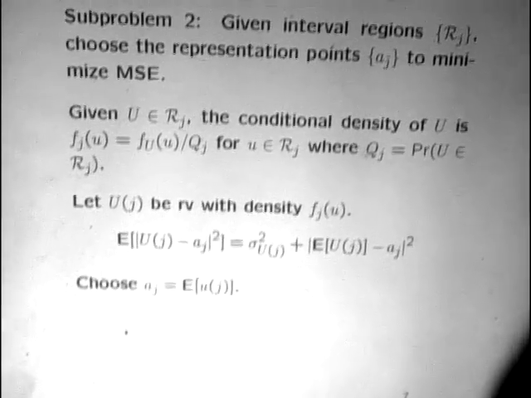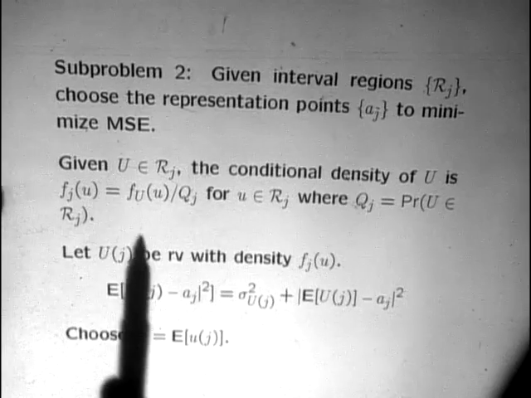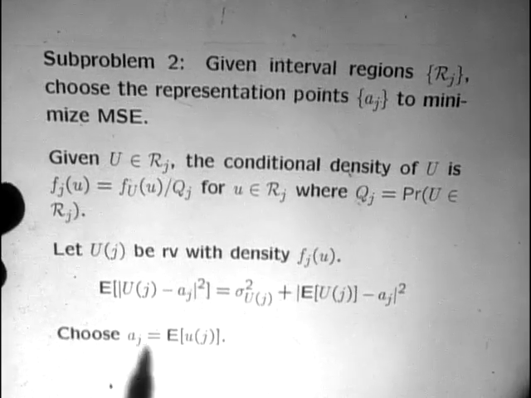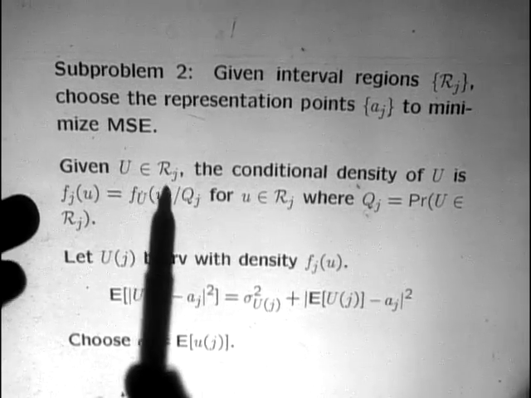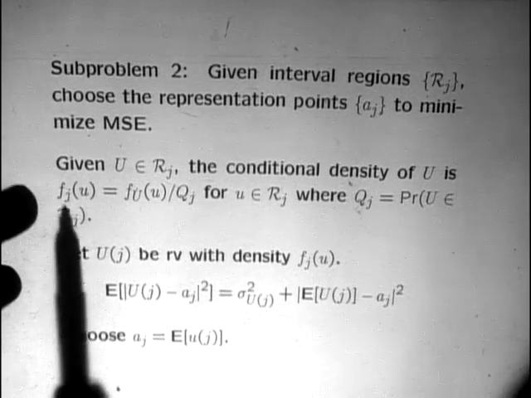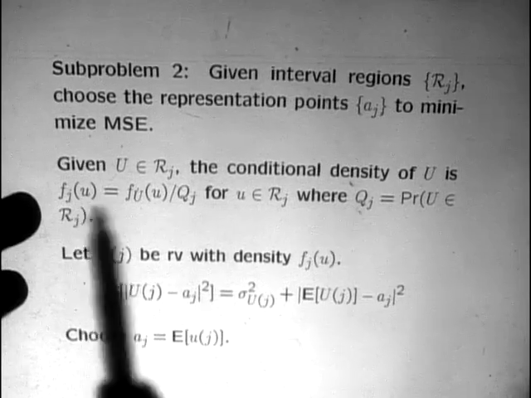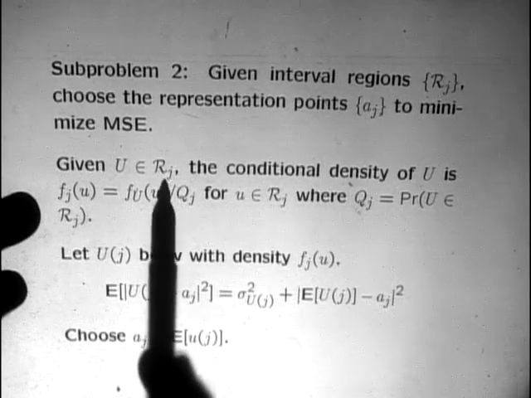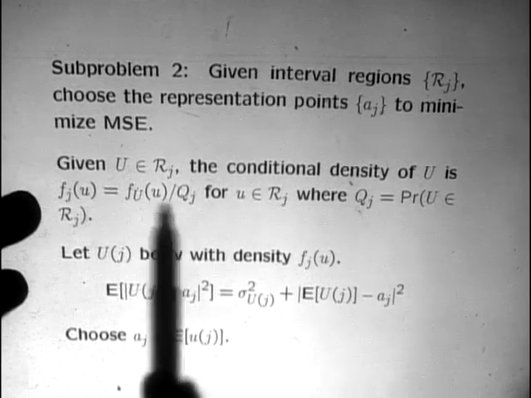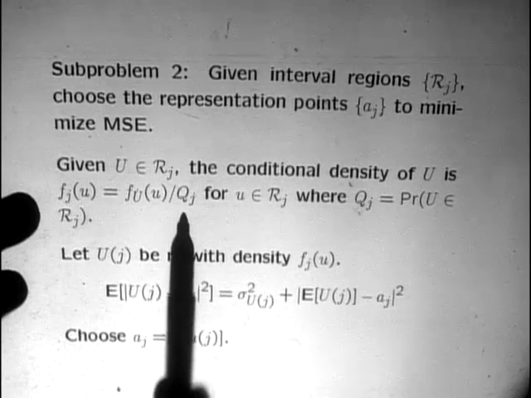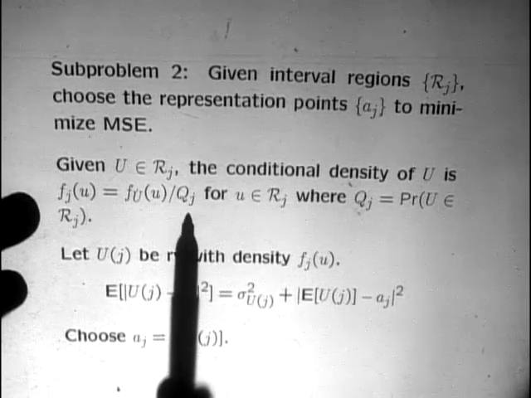Okay? So subproblem 2 says, let's look at the conditional density of u in this region R sub j. The conditional density, given that you're in this region, is in fact the real density divided by the probability of being in that interval.